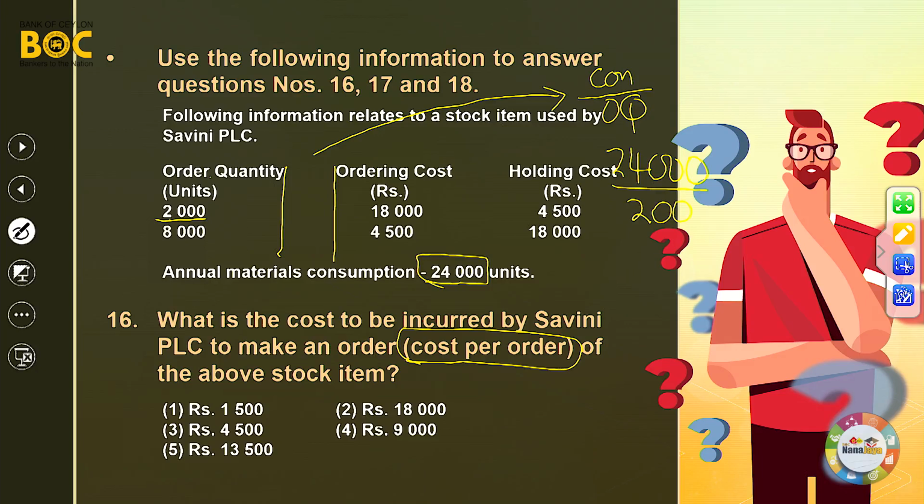At a time, if you order 2,000 units, you have to order 12 times, 12 orders. Now for the second situation, how many orders do you have to place?